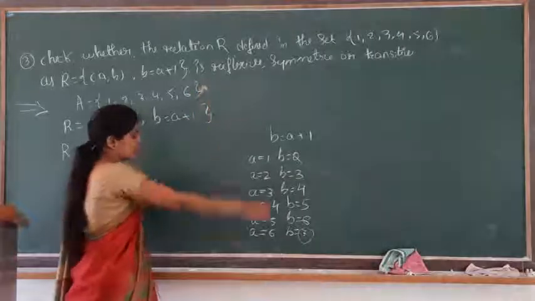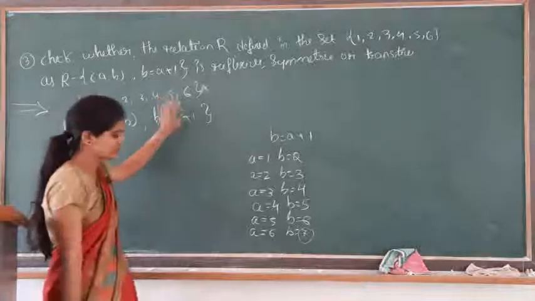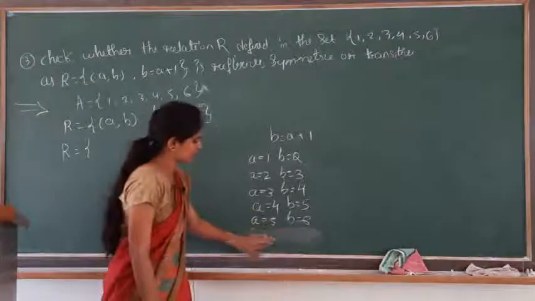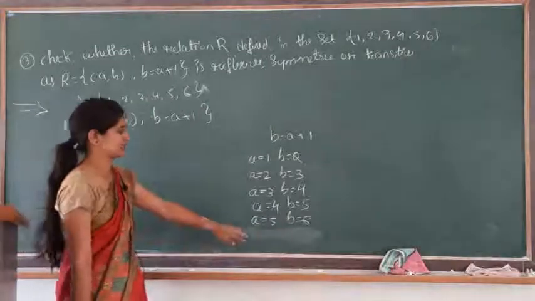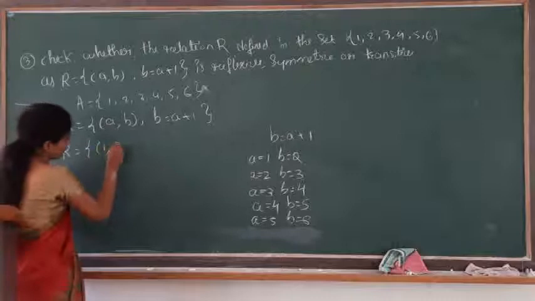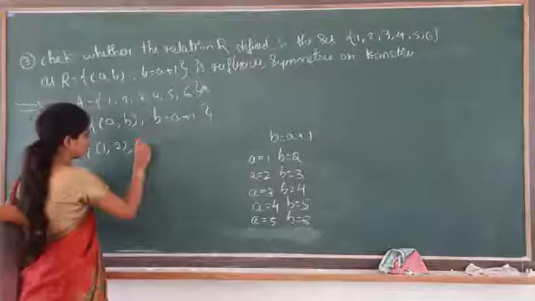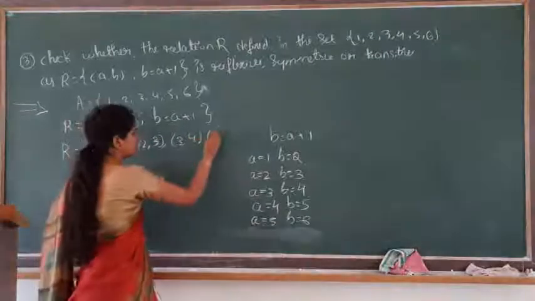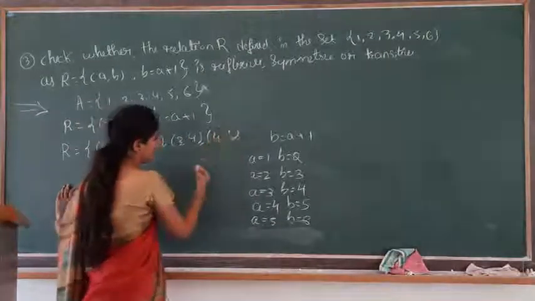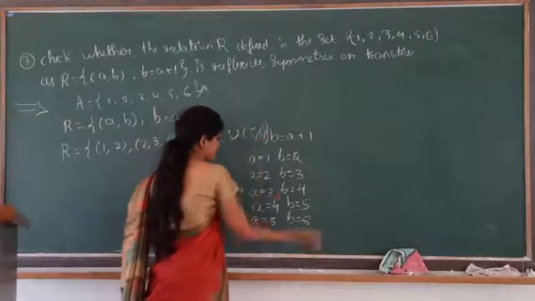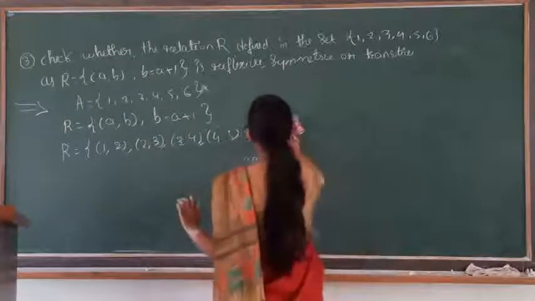The 7 does not belong to this set, means this ordered pair does not belong to the given relation, only this much. Then (1, 2), (2, 3), (3, 4), (4, 5), similarly (5, 6). This is the given set.